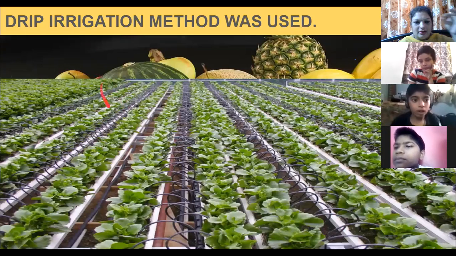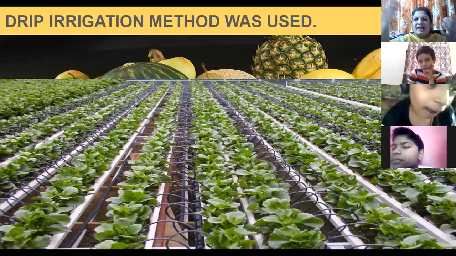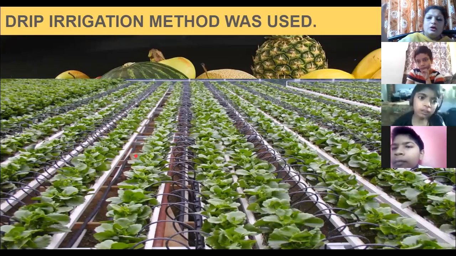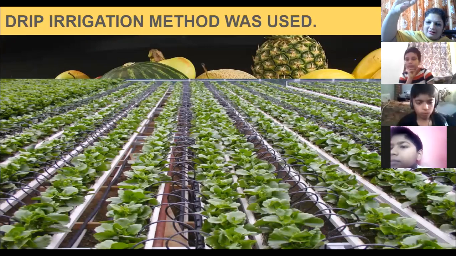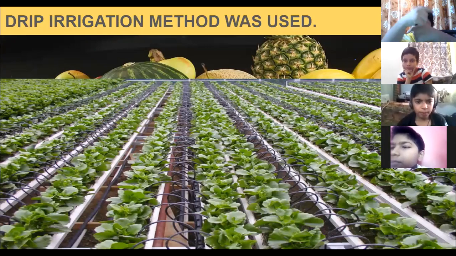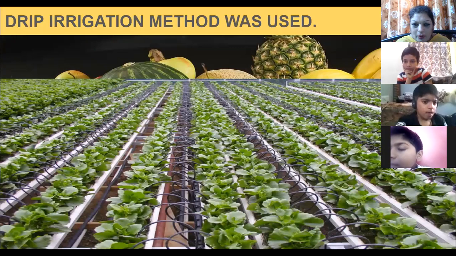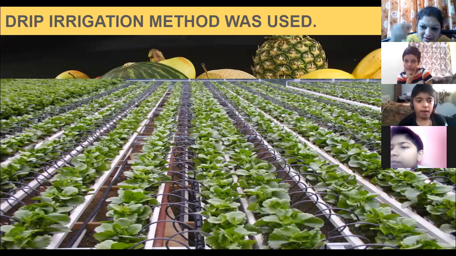Why drip? You know what a drip is? When a doctor gives a saline drip with the bottle, straight away does he poke it and put the full bottle inside your body? No. How does he give the drip? Drop by drop.